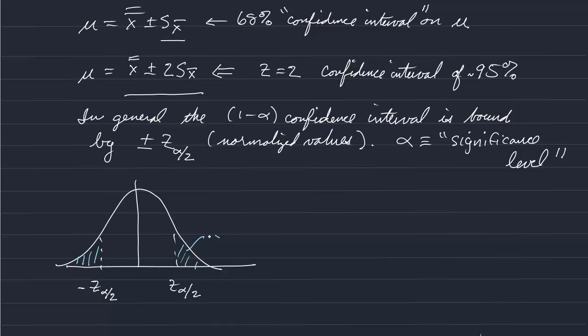So each of these blue areas has an area of alpha over 2, representing the cumulative probability of values within the two tails, and the confidence interval is 1 minus alpha, and this is the area between those two z values.